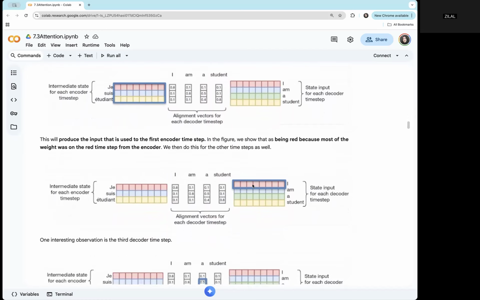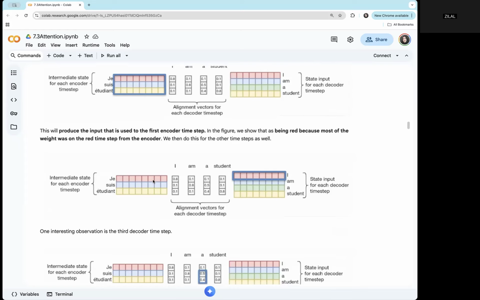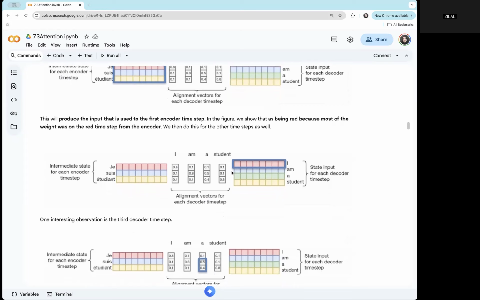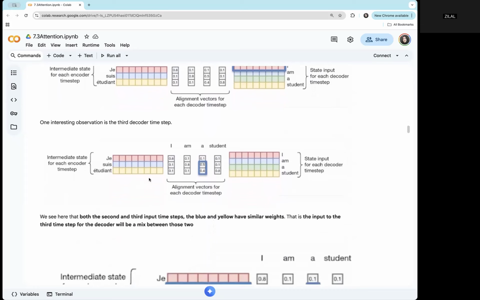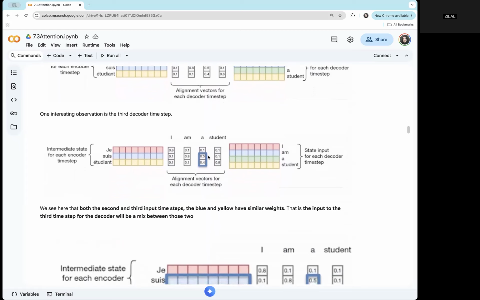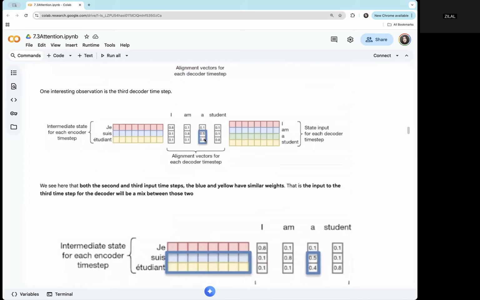So in this figure, you can see it being red because most of the weight was on the red time step from the encoder. Then we do this for the other time steps as well. One interesting observation is that for the third decoder time step, both the second and the third input time steps, the blue and the yellow, have similar weights.